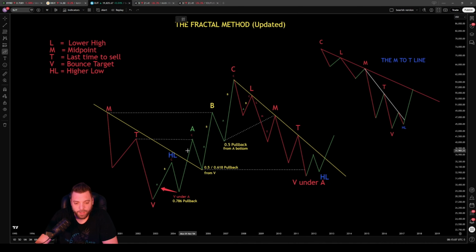If we just look at our higher low, this little section here, the higher low always ends in a V under A. What do I mean with that?